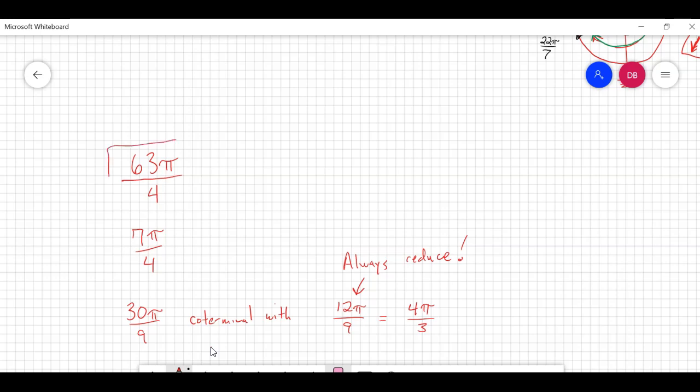So this example, all the ones that are similar to this one in your homework, you only have to subtract 2 pi once. But sometimes you have to subtract 2 pi multiple times to get something that's coterminal. And sometimes you have to reduce after you found something coterminal. So just be careful with those.